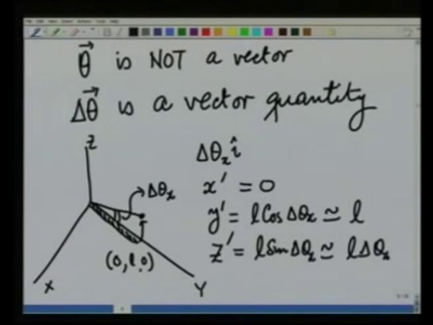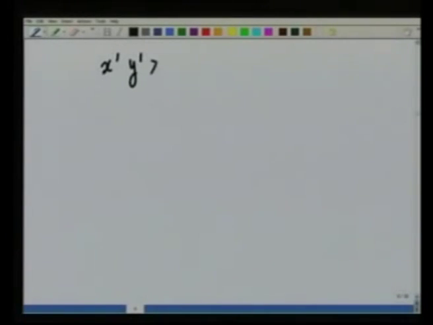So, the new coordinates after the first rotation for the end of the rod that I get are x prime, y prime, z prime equals 0, L and L delta theta x.